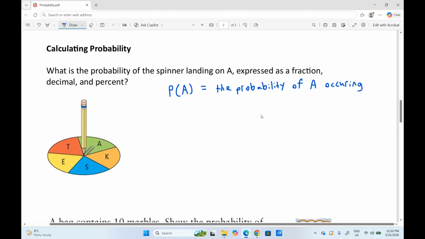Okay, great. So now, recall how to find the probability of A. We need to take my favorable outcomes and divide it by my total possible outcomes.